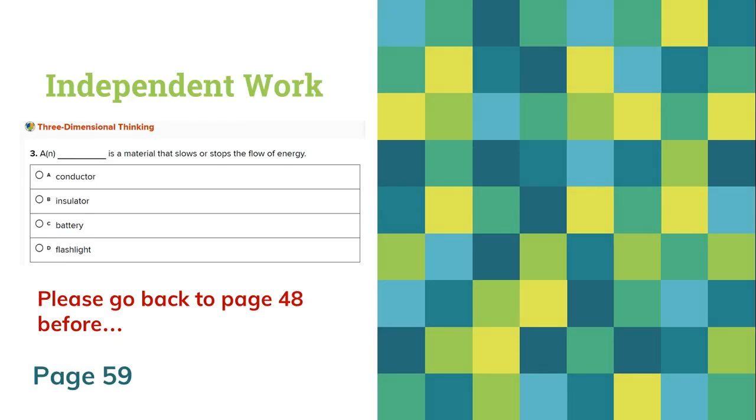Then we move on to question number 3, where you have a multiple choice question. It asks for a material that slows or stops the flow of energy. If you were paying attention to the beginning of this lesson, then you probably already got the answer. If not, please go back to page 48 and right there we can see the definition of each of these.